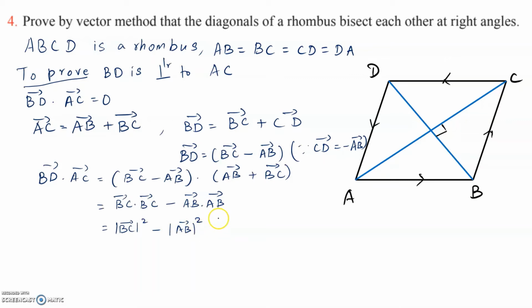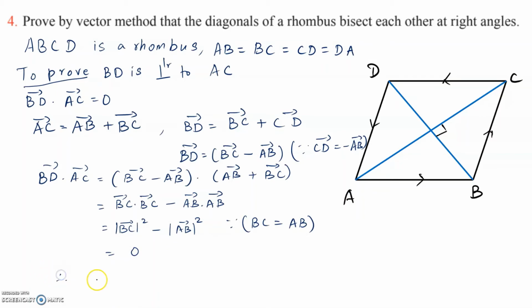We know that the length BC is equal to AB, therefore this is equal to 0.